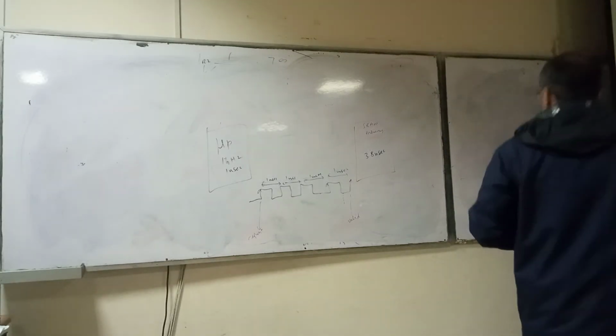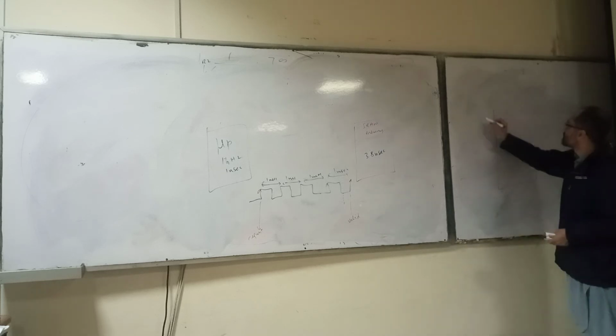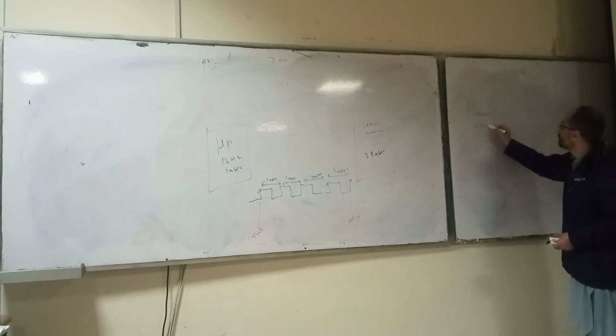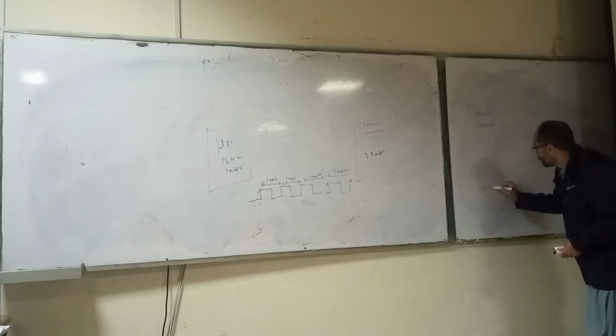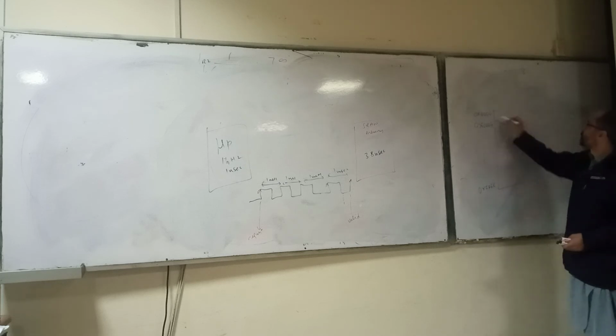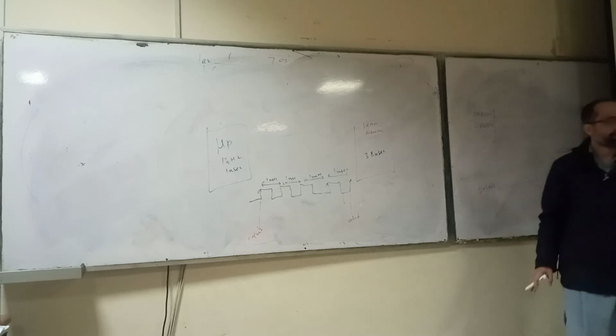Now let's assume we have an SRAM memory whose starting address is 0x0000, then the next address is 0004, and the last address is 0xFFFC. So the first location, the second location, the third location, and so forth, are all locations in memory.